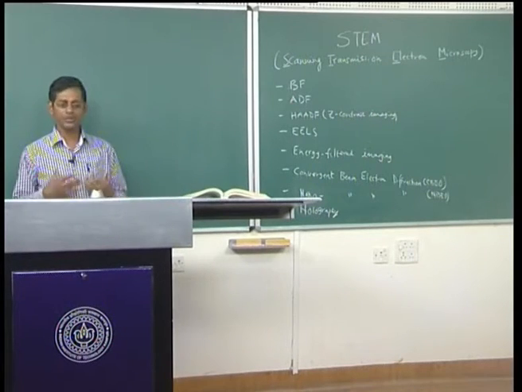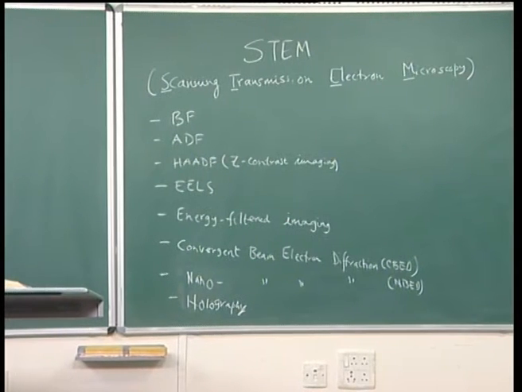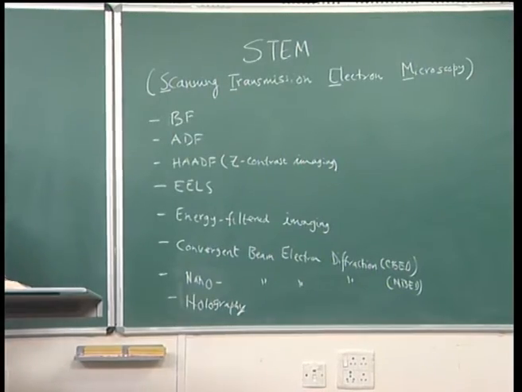As I said, the concept of scanning transmission electron microscopy is not a new one. It was employed by Crewe long back, who introduced this whole concept into the electron microscopic community, and he first showed that for scanning transmission electron microscopy you need to use, most notably, field emission guns.